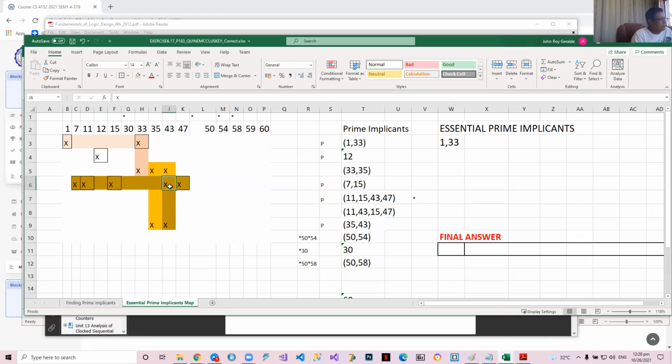If we consider this as the prime implicant, no? Ito, this whole big group, 11, 15, 43, 47. We will consider this as the prime, no? What will it remove? It will remove this.